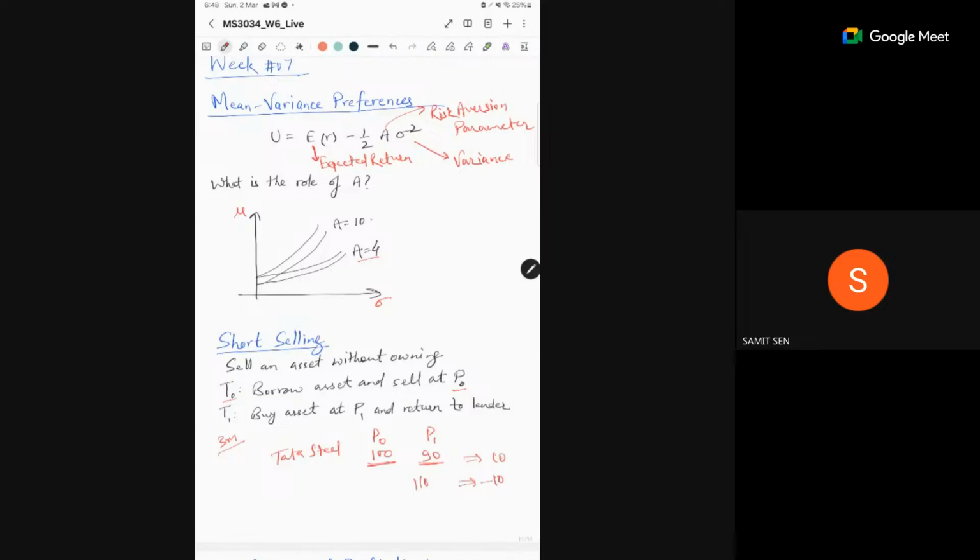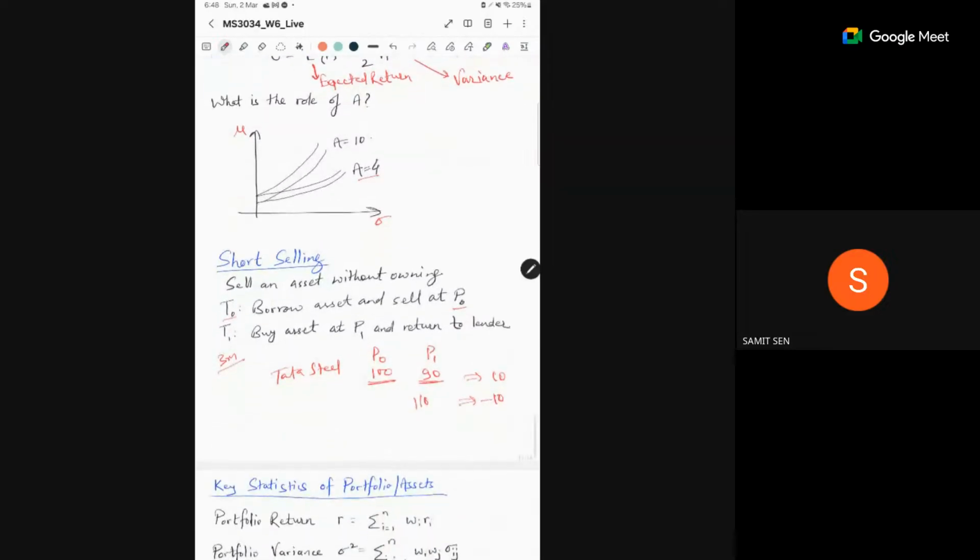Sir, can you just repeat once more the short selling part? Sure. So for example, let's suppose you want to short sell 100 shares of Tata Steel. Let's suppose the current price is 100 rupees and after 3 months its price becomes 90.